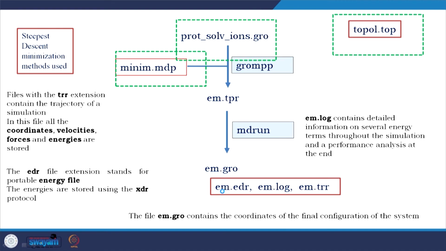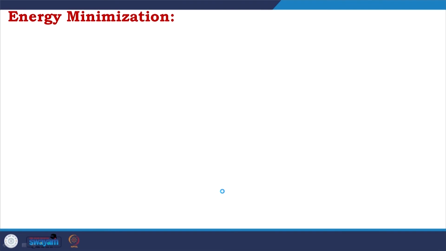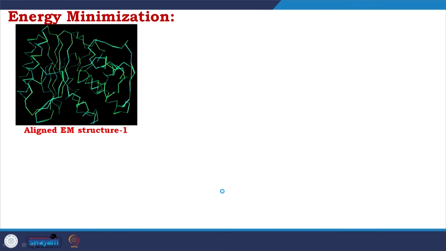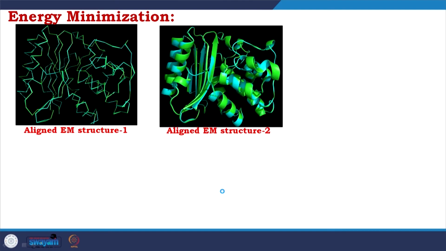So now we minimize it. Let us take a look at what happened. Here what we have done is aligned the energy minimized structure with the initial structure we started with, to look at what the changes are.